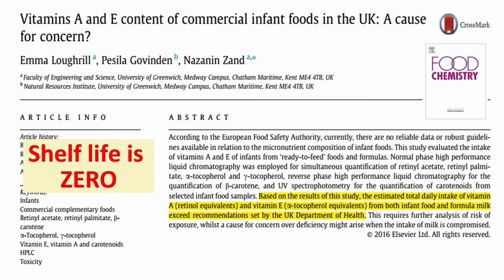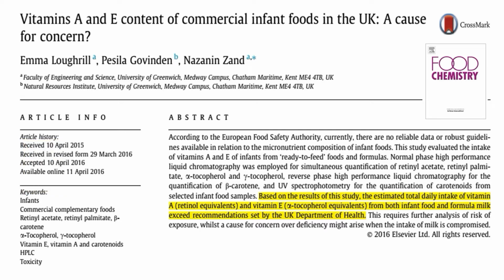Its shelf life is 0. Oh no! Do remember, when we enrich or fortify some of the nutrients in our food products, we need to make sure they fulfill the food laws and regulations.